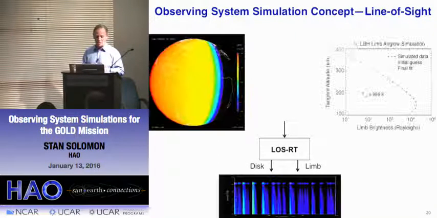This gets fed into a line-of-sight radiative transfer code that I'm working on. That enables you to build up a map of the emission brightness you will observe from orbit on the disk and on the limb, and of course with spectral detail.